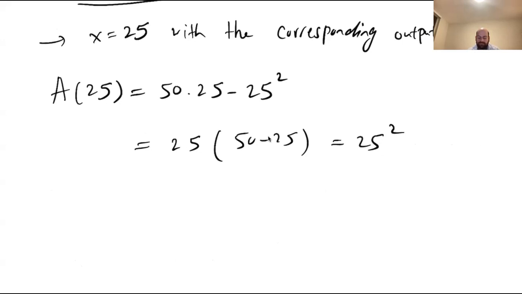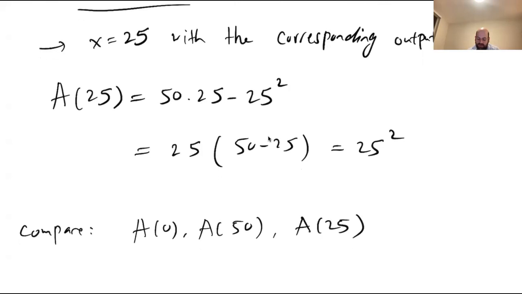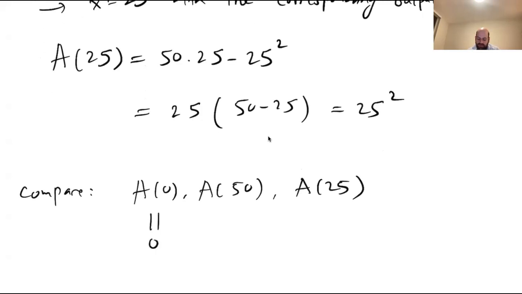So now compare A of 0, A of 50, which are the area at the endpoints, and the area at the critical point, which is A at 25. A at 0 is 0, A at 50 is 0, A at 25 will be 25 squared.